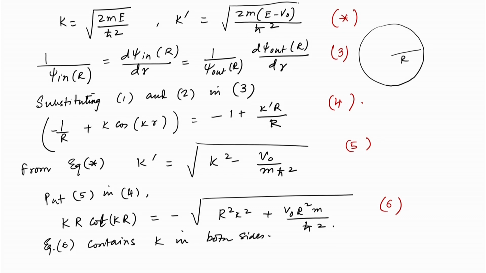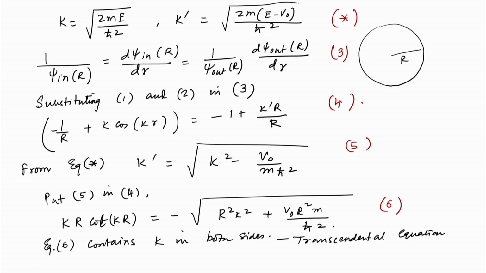And that too, one is inside the argument of a cot function, and the other is inside a square root. So, this is called a transcendental equation, and it cannot be solved analytically, but has to be solved either numerically or graphically. So, I will show the graphical solution of this.